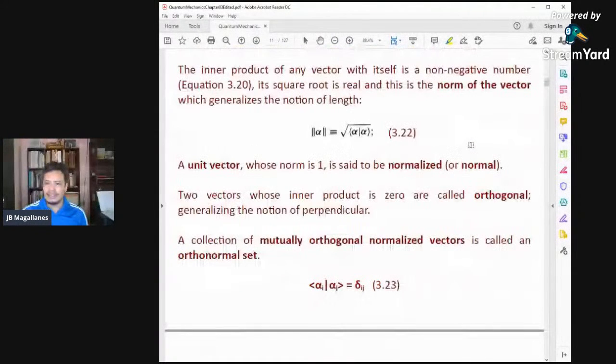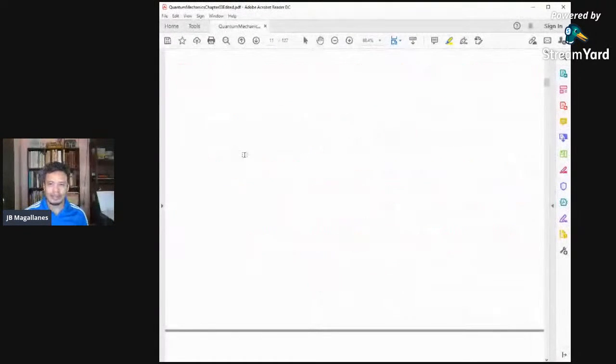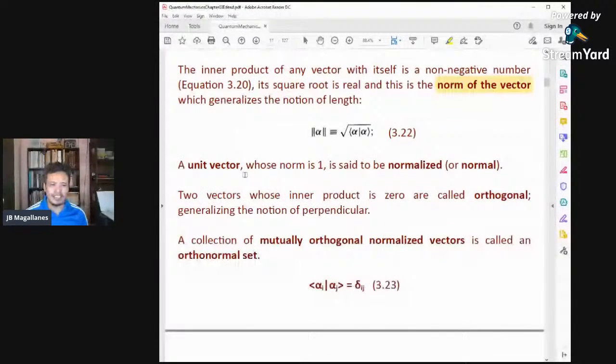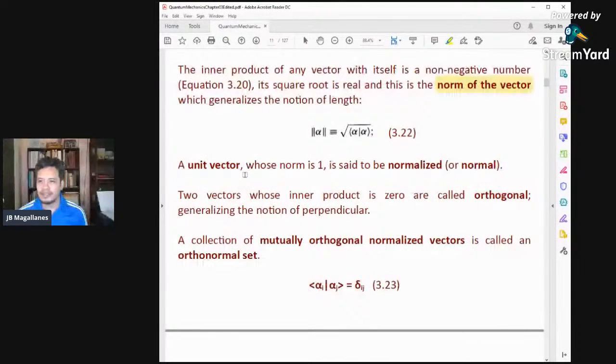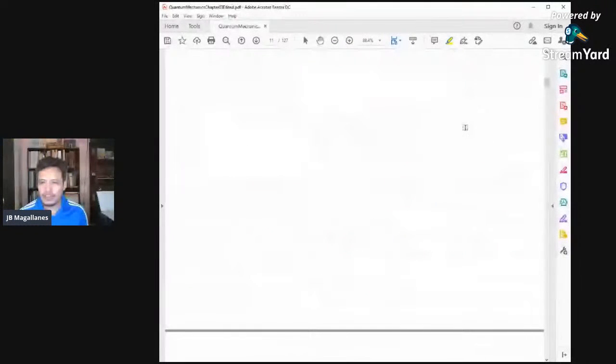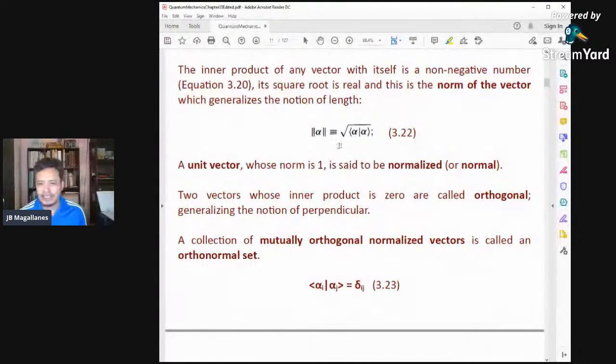This is the problem that I'm talking about. It's blinking. I'm sorry for that. I don't know what the reason for this is, but anyway, the norm of the vector is like the magnitude of the vector.